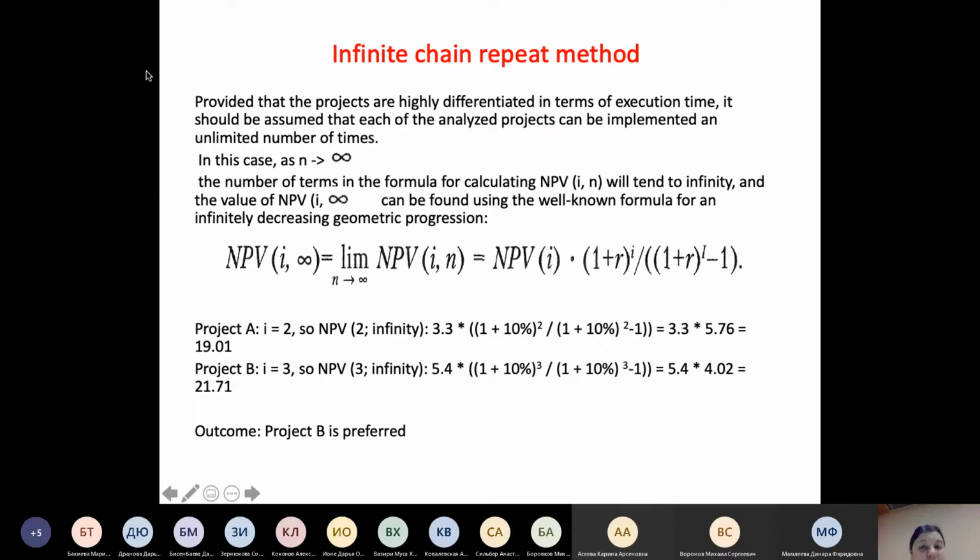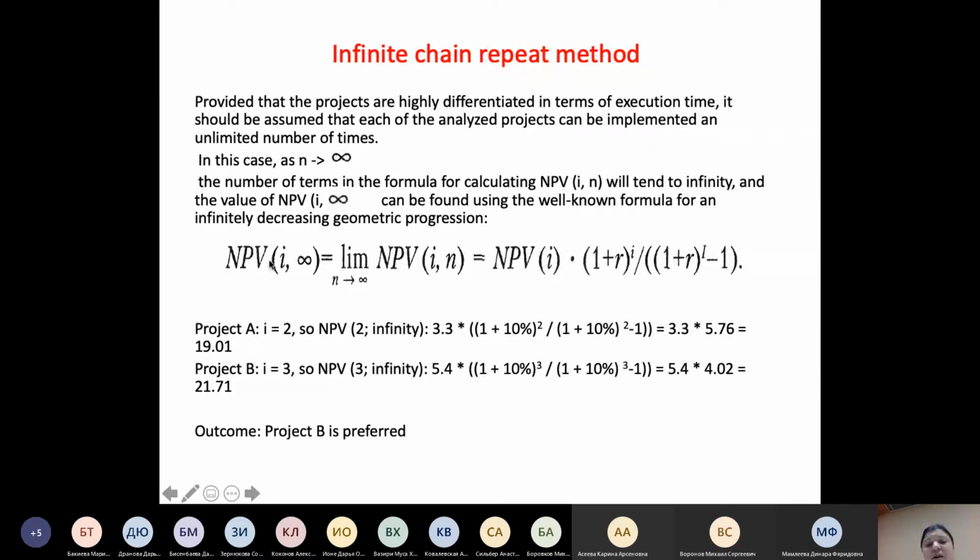to infinity. Certainly this method is simpler compared with the first one. The number of terms in the formula for calculating our net present value, in the situation when our amount of periods leads to infinity, can be calculated using the following formula.